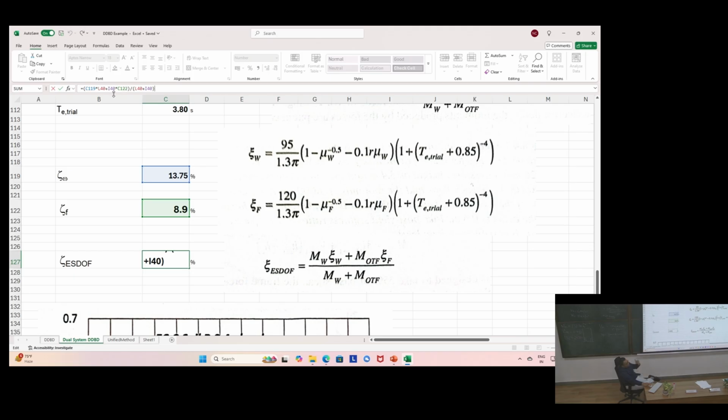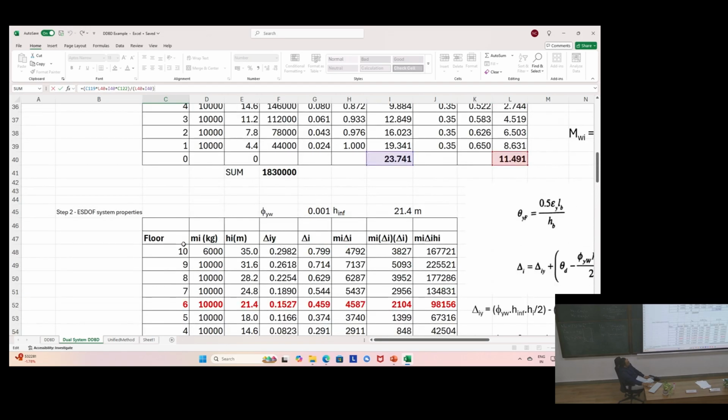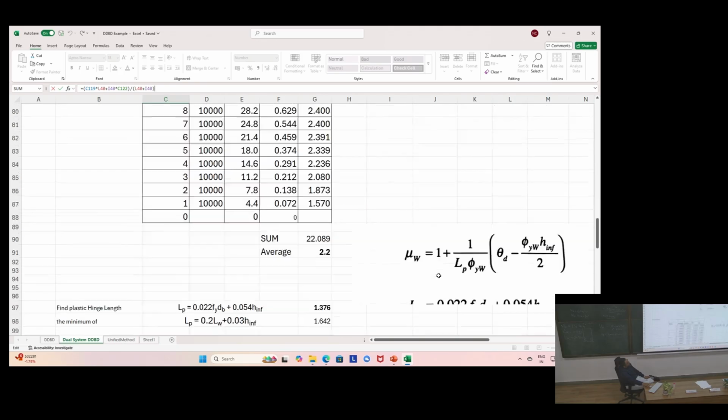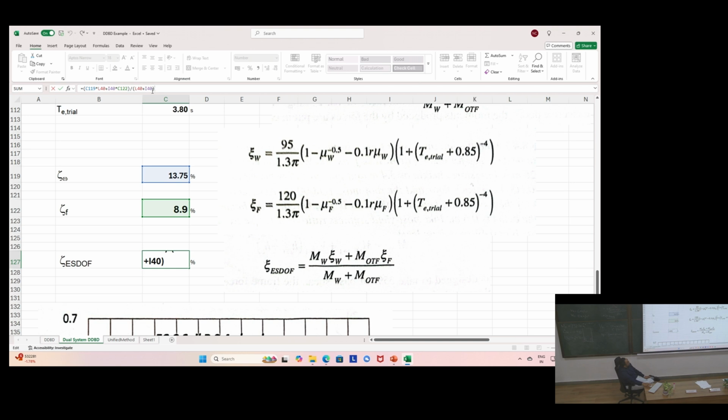These are the moments we calculated in the first table when we were trying to calculate the point of inflection. So right here, 23 and 11, and then the same 23 and 11 in the denominator, the sum of that. It's 10.5. Anybody not getting 10.5? 10.9 now. Same page. 10.9. Okay.